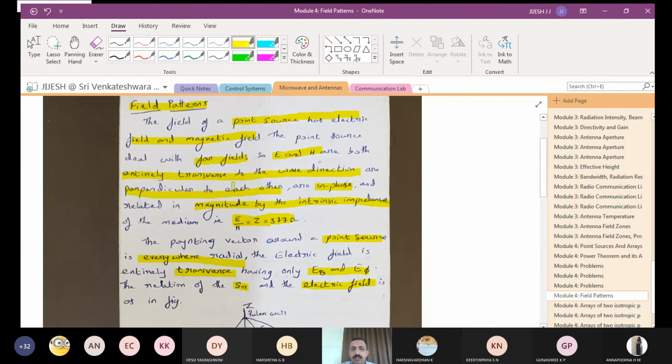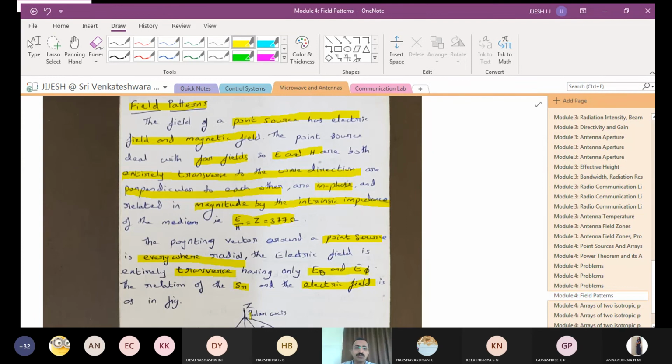Before that, note down these few points, and write down the heading field pattern. I am repeating it again: whatever you have learned in module 3 has also to be added to this field pattern, where you have seen the equation for field pattern, the pattern diagram, and some relevant normalized equations.